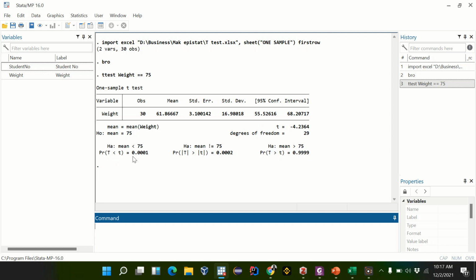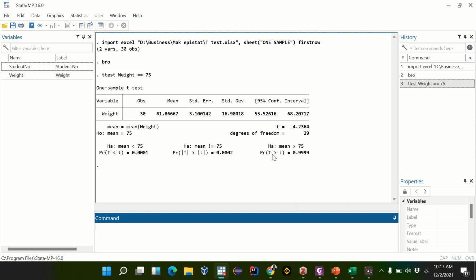The first one says the null hypothesis is mean is less than 75, which is statistically significant. Another hypothesis test says the mean is not equal to 75, which is still true. And the third hypothesis says mean is greater than 75, which is not statistically significant.